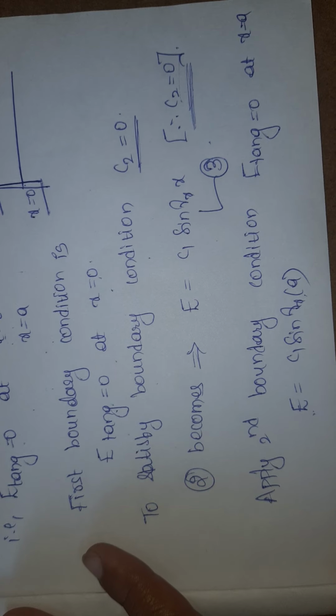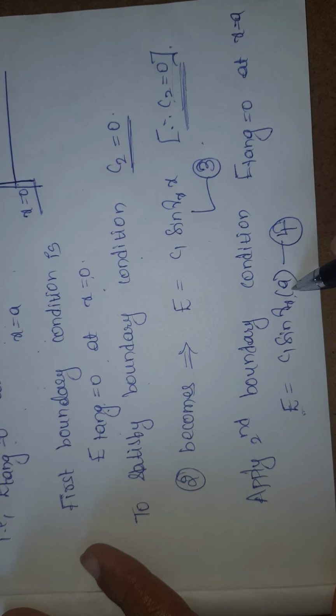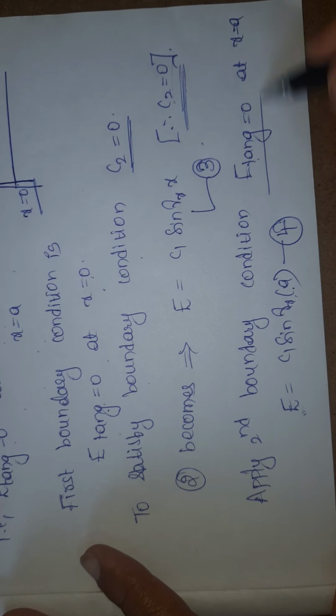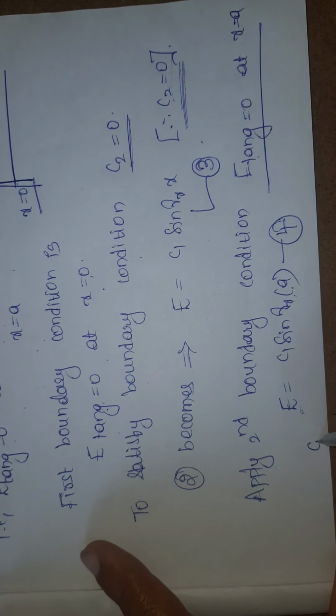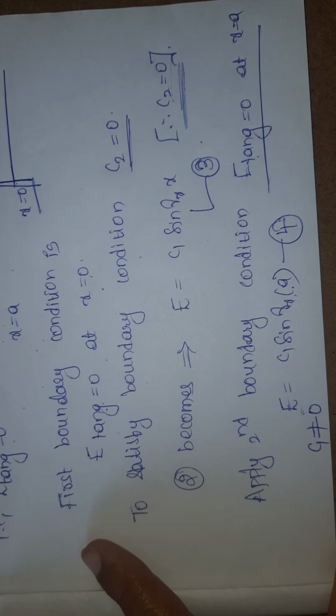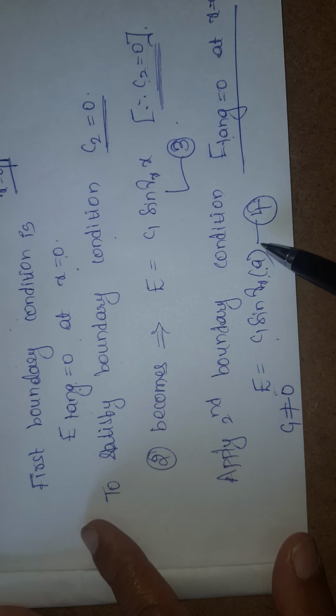So what we have to do to make equation 4 satisfy this second boundary condition, I have to conclude that C1 should not be equal to 0, because if C1 is 0, I won't get any term on the right hand side.